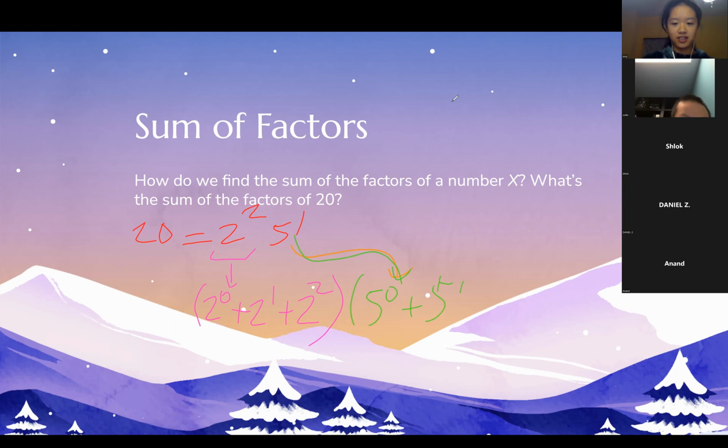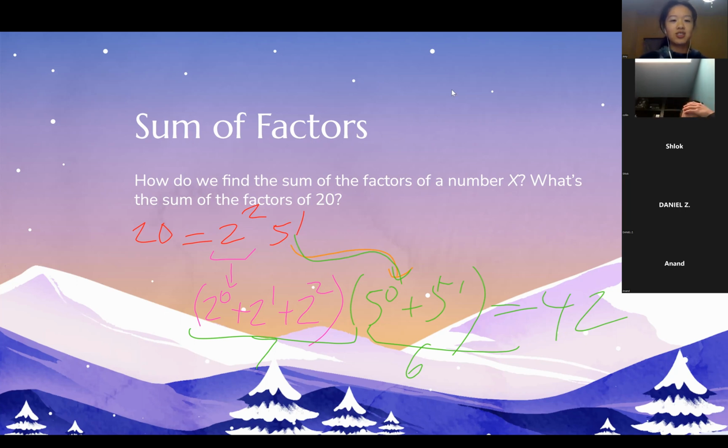Okay, that's the formula. Basically you find this multiplied by the other one. 7 times 6 is 42. That's the formula.